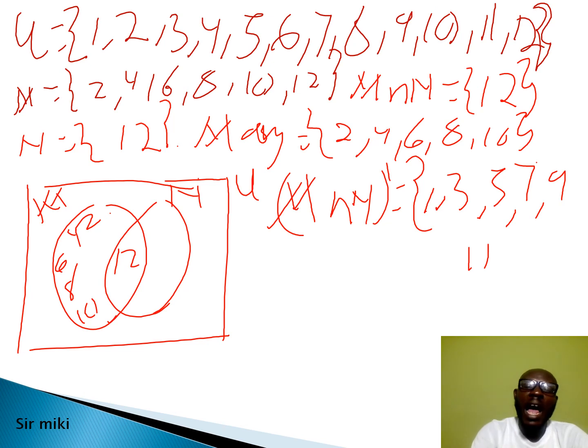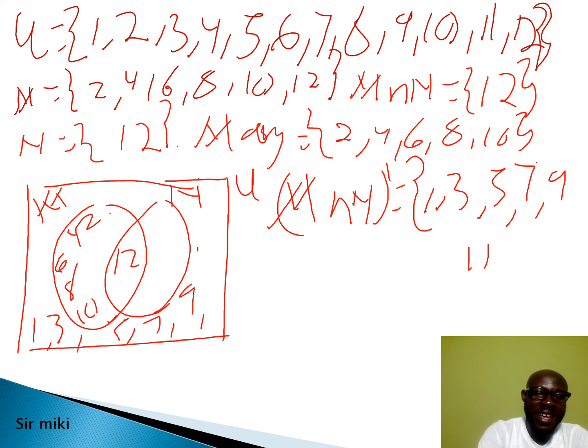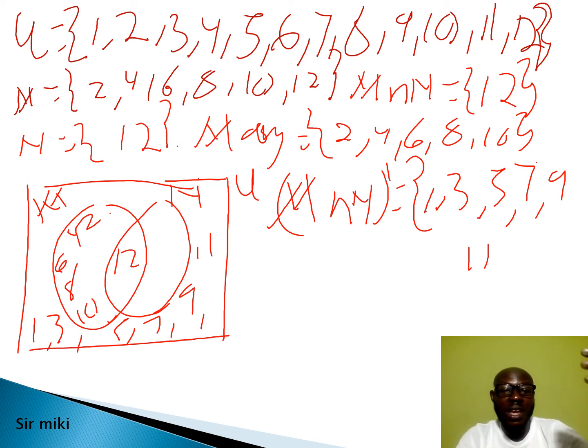These elements are always placed outside the two circles in the Venn diagram. So 1, 3, 5, 7, 9, 11 becomes the complement of set N and set M. Good.